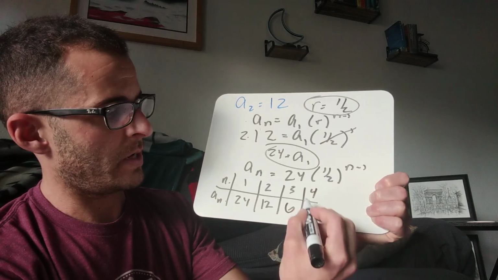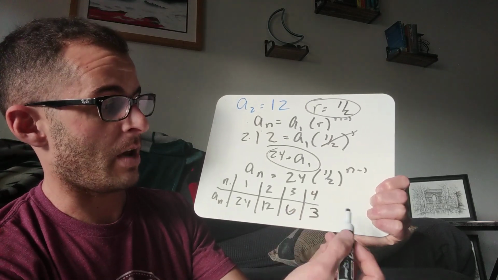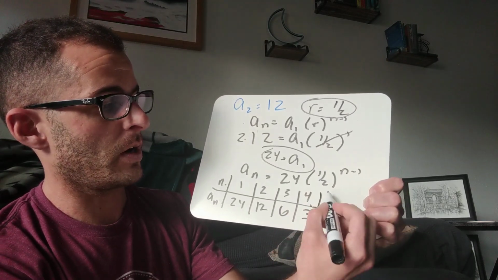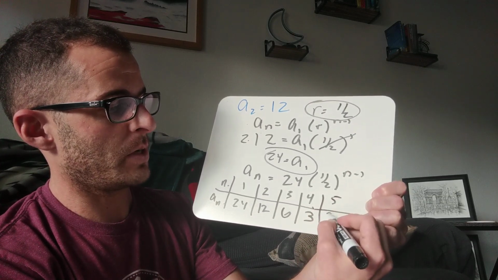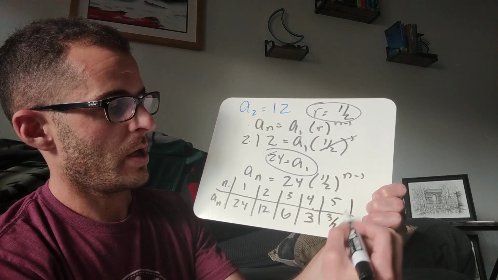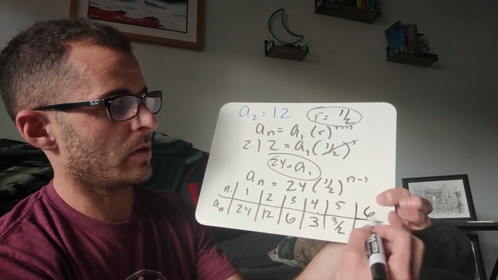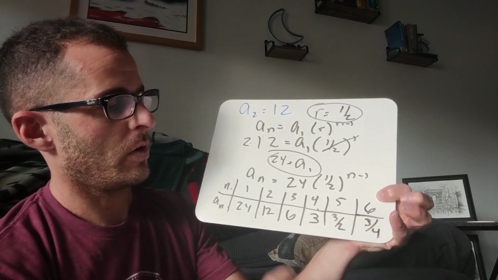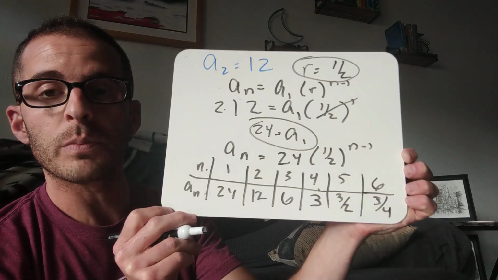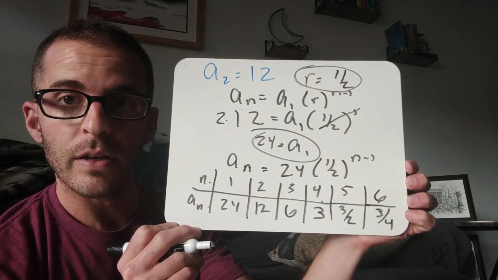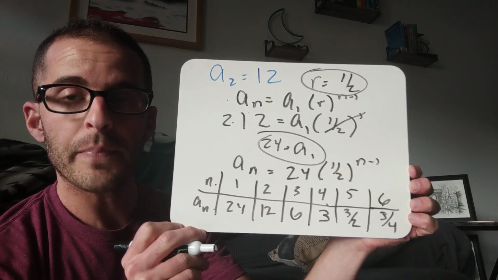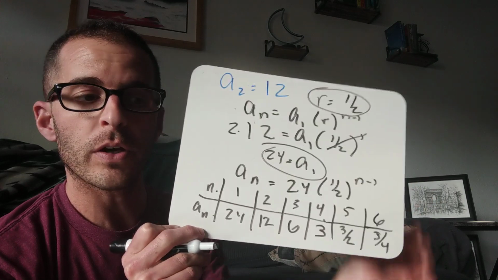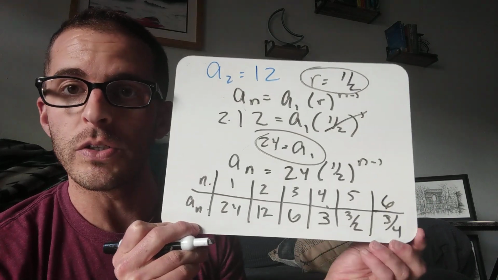My fourth term is 3, and 6 times 1/2 is 3, so I just checked my work. My fifth term is going to be 3 over 2, and my sixth term is going to be 3 over 4. Okay? That's up to you to graph. Remember, do not connect the dots. Okay? And I'm going to turn to page 430, find us another one to do to practice.